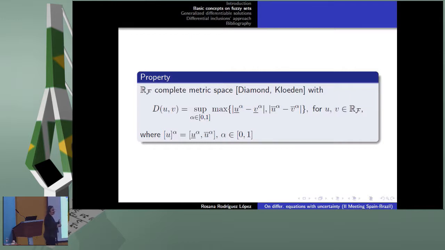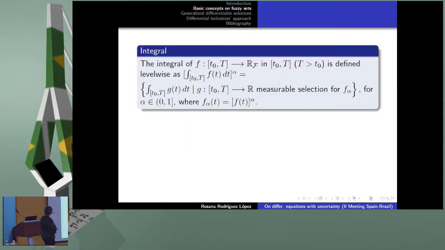And if you have a complete metric space, in general, you have a lot of properties concerning the study of differential equations, the existence of fixed points, and good properties about the behavior of the solutions. So it's a good collection of restrictions to impose on a function to be considered a fuzzy interval. So how can we define a differential equation in this space?